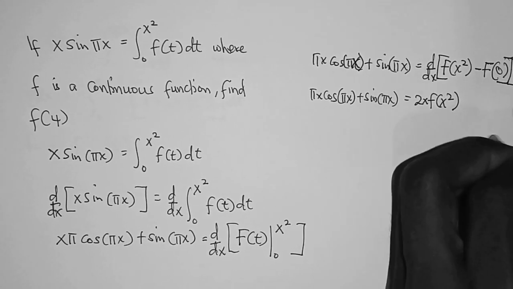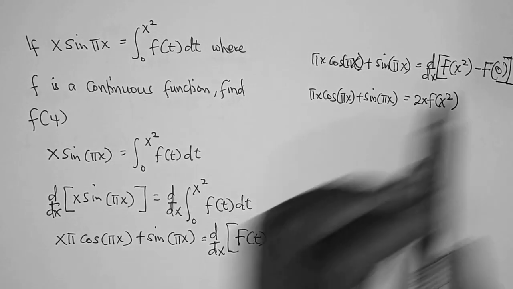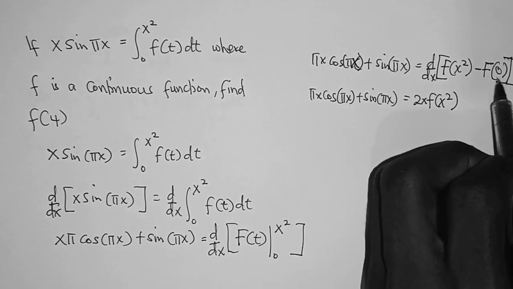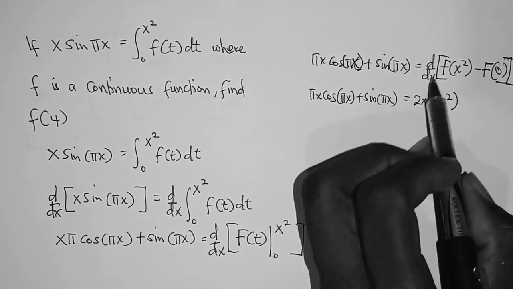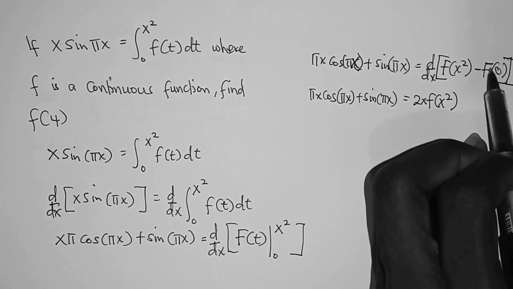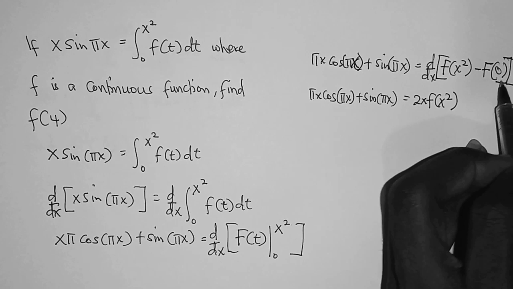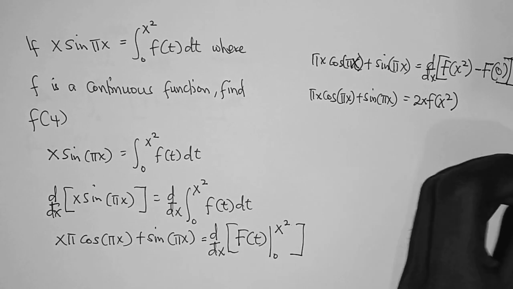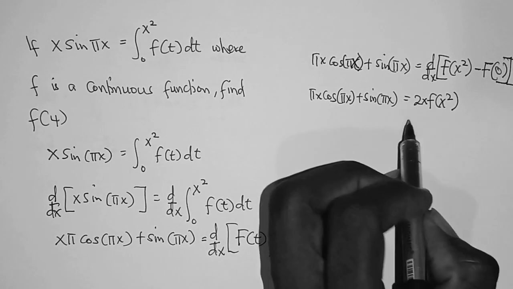Now F of 0 is a constant. If you differentiate a constant, you get 0. So that part goes off to 0.